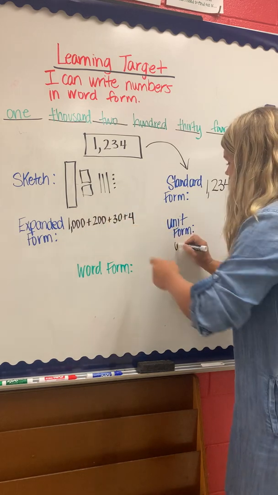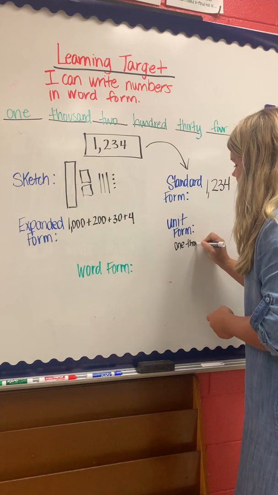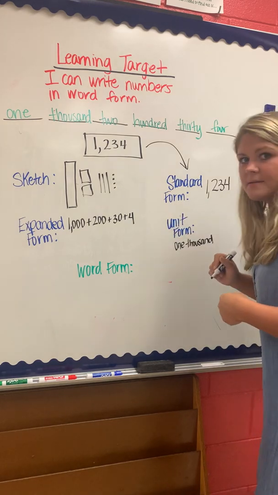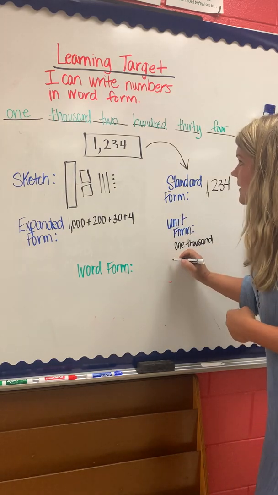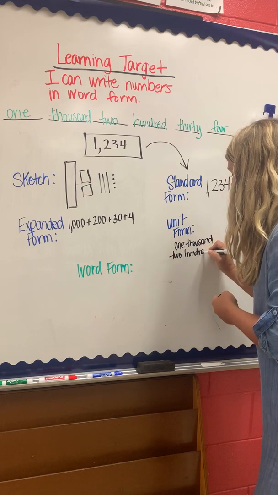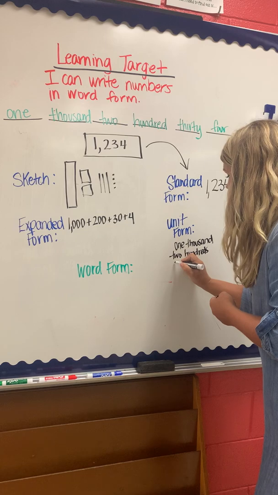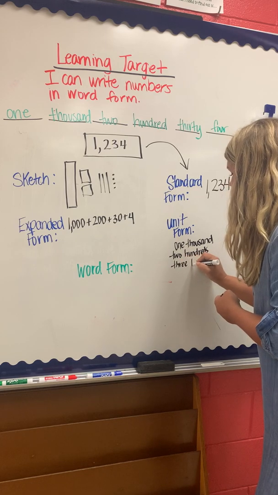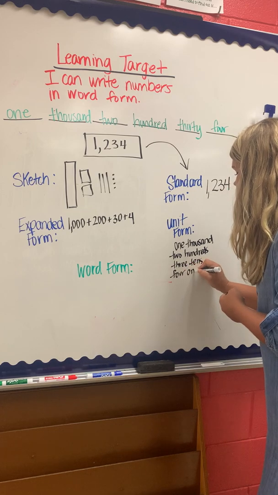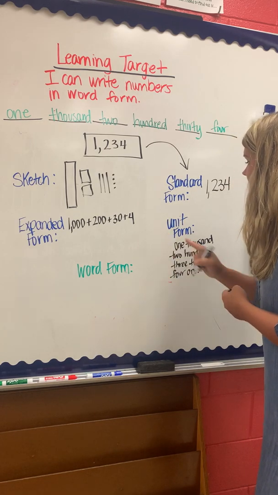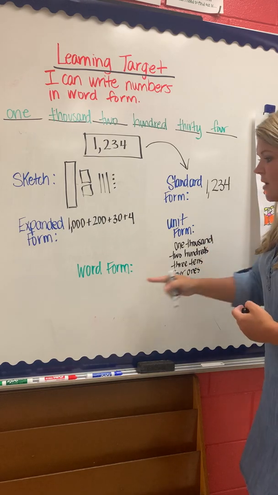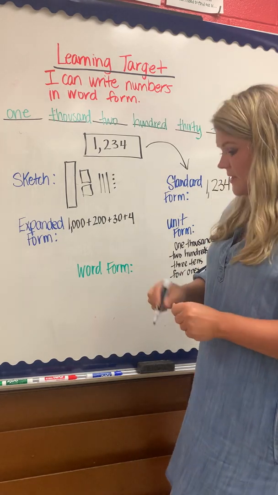We have 1 thousand, 2 hundreds, 3 tens and 4 ones. You're telling how many of the units. Therefore, you're writing the unit form. Now back to the word form. Here we go. Remember, we said it out loud.